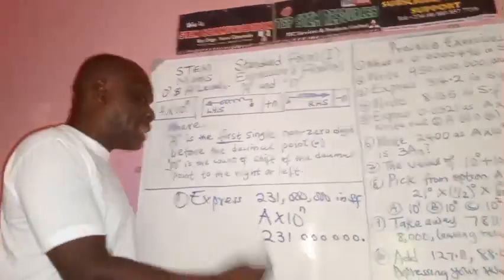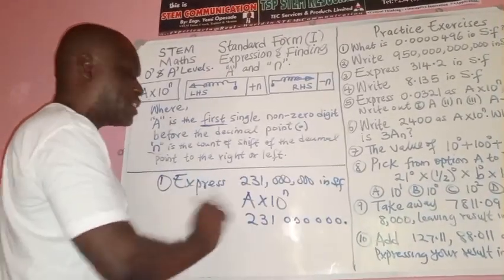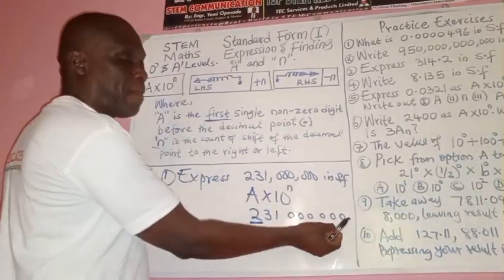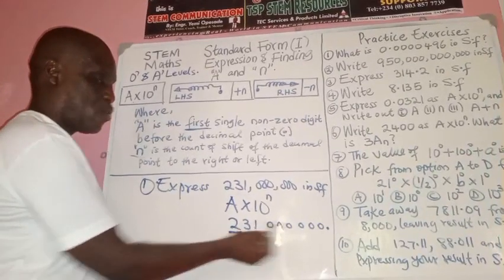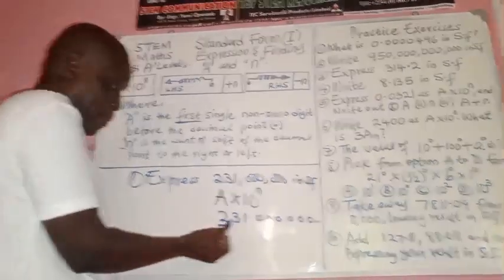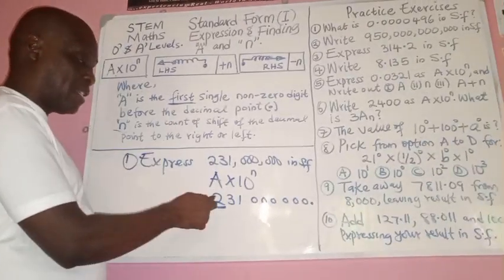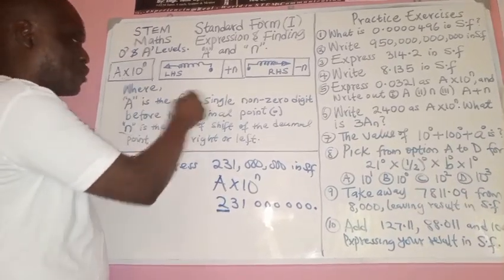Now A is the first digit. If you look at this number, the first non-zero digit is this 2. So it means that this decimal point has to shift from here to this place. We have to remove this point here and put it here, because A must be a single digit, then there comes the point. That is the meaning of what I've just told you the other time.